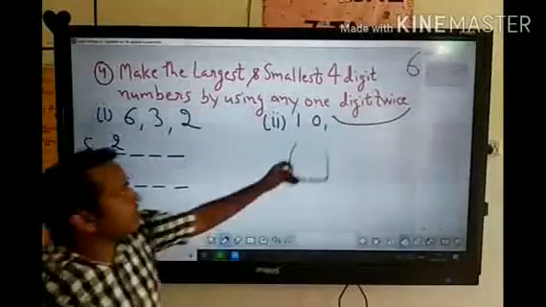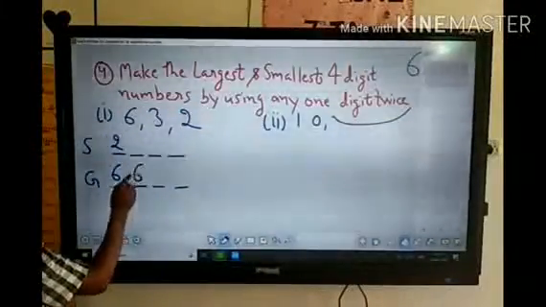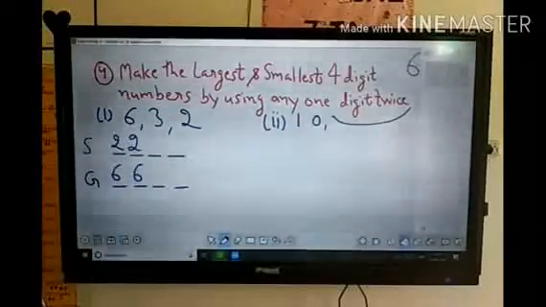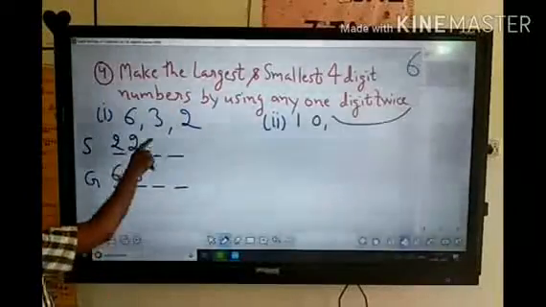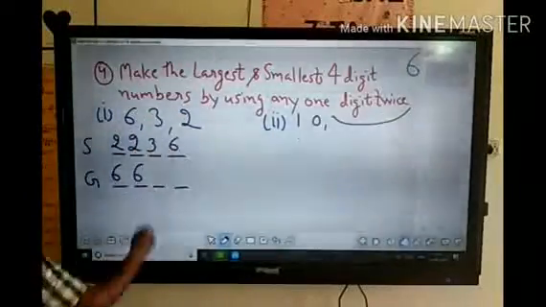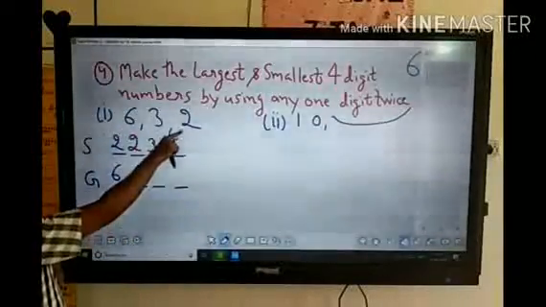Now, it is also given that I can use a digit twice. So, I can use this 6 again, and here I can use this 2 again. Now, what are the other options? The other options here are 3 and 6. So, I will write 3 and then 6. And what are the other options left here? 2 and 3.